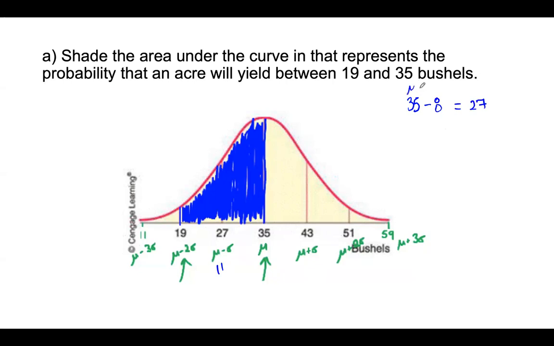So this is our mean minus our standard deviation. And then the next one, subtract 2 times 8, which is 19.